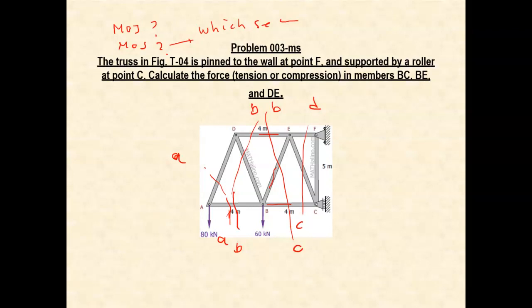AA, or BB, or BC, or DC? So which section do you reckon is giving us the needed three forces?